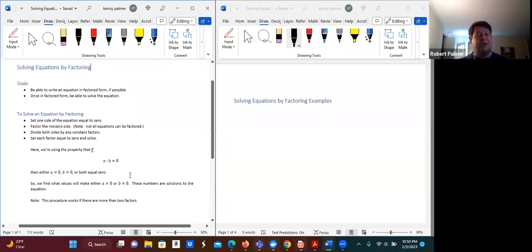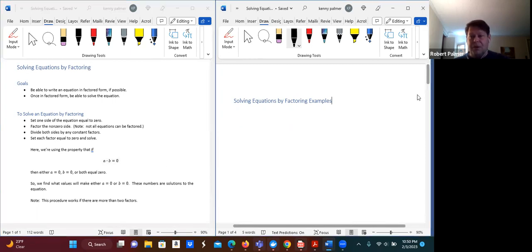Those will be our solutions to the entire equation, because those are what will give us a true statement here. Also, note this works if we have more than two factors. We'll see an example like that as well. You can have as many factors as you want, as long as they're all multiplied together and equal 0, you can do this. And also, this only works if it's equal to 0, not if it's equal to some other number.